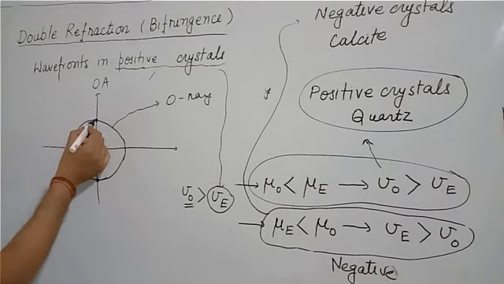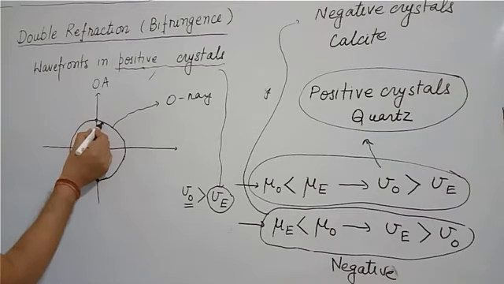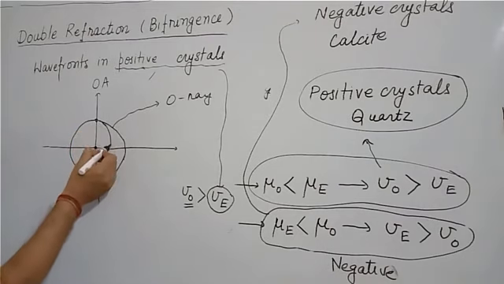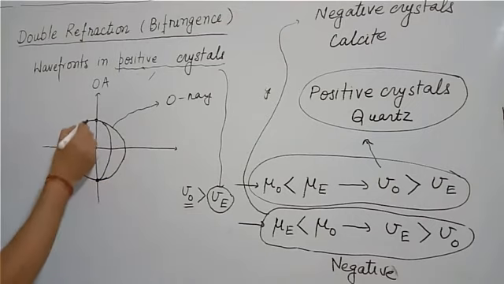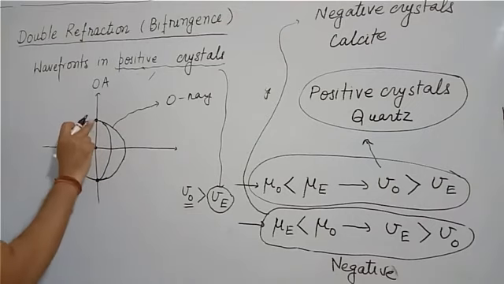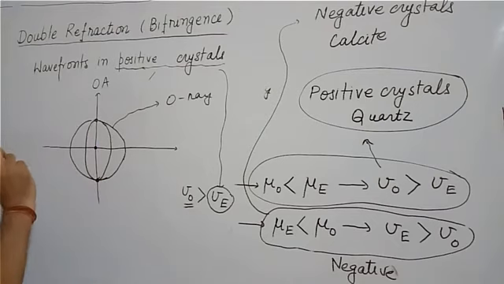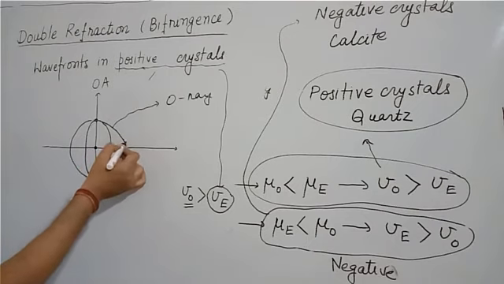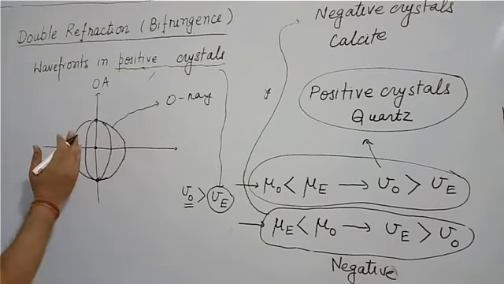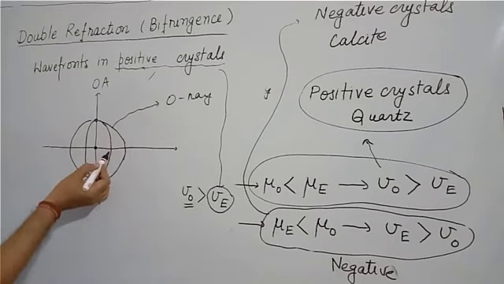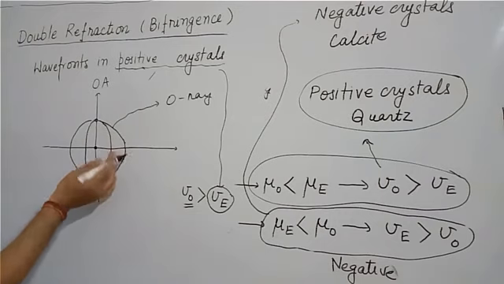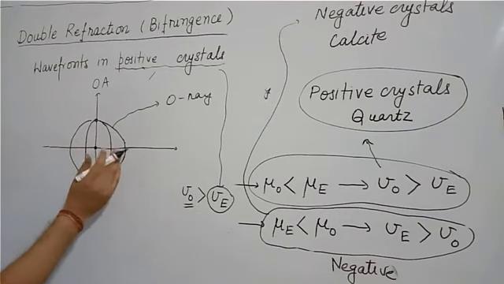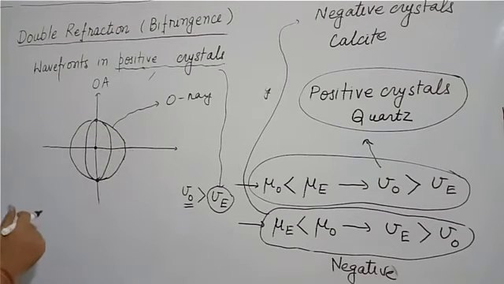So automatically the wavefront for E ray will be an ellipse like this. The speed of O ray is higher, so it is moving fast, and the speed of E ray is less, so it is lagging behind as compared to the wavefront of O ray.